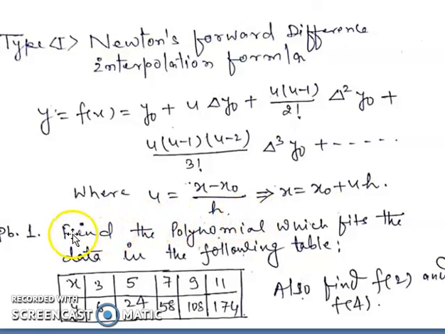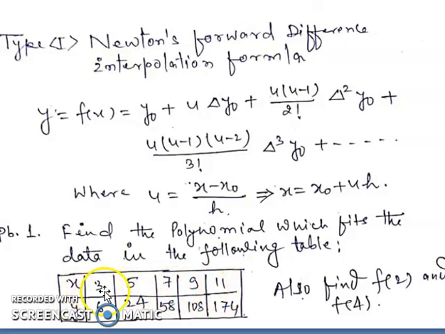Now see the problems. Problem 1: Find the polynomial which fits the data in the following table. Here is the table: x equal to 3, 5, 7, 9, 11.